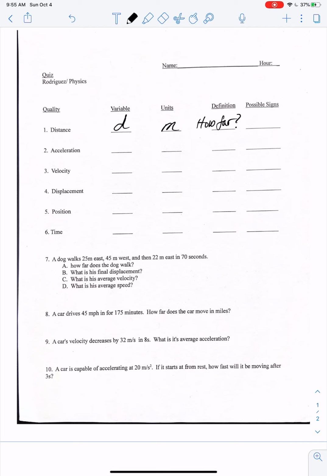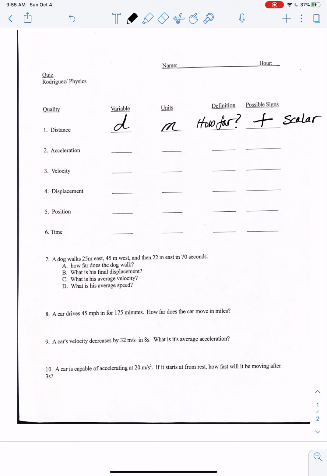I don't have very much space here to write, neither do you, unless you're doing a separate sheet of paper, then that's a different story. Possible signs, distance is always positive, so just the plus sign. Why is this? Because distance is a scalar. And we talked about that in the notes.